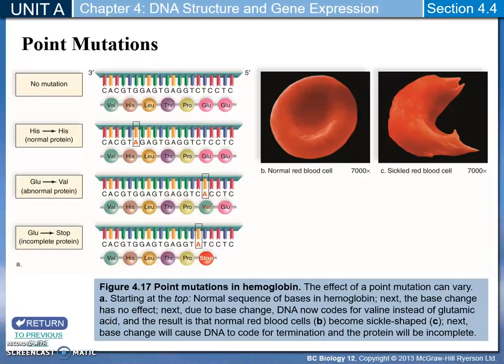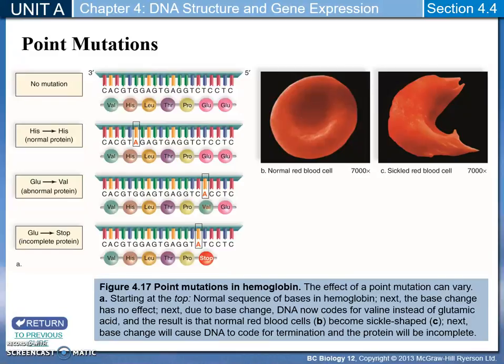The next one, due to a base change, the DNA now codes for valine instead of glutamic acid, and the result is that normal red blood cells, in figure B, can become sickle-shaped.